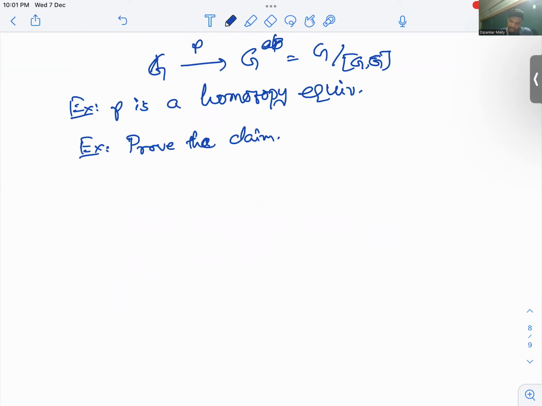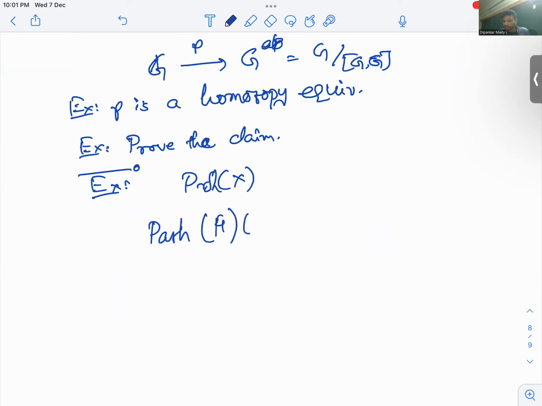You can take the category of pre-sheaves. There is also another example. Take the category of pre-sheaves on a topological space. Then you can define a path structure on a pre-sheaf.